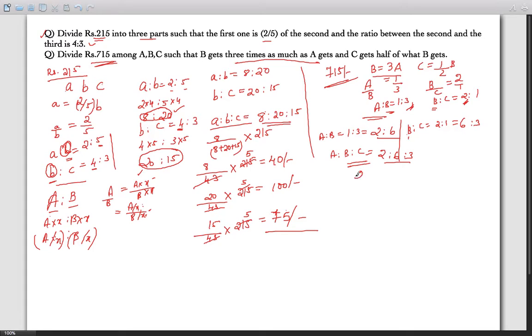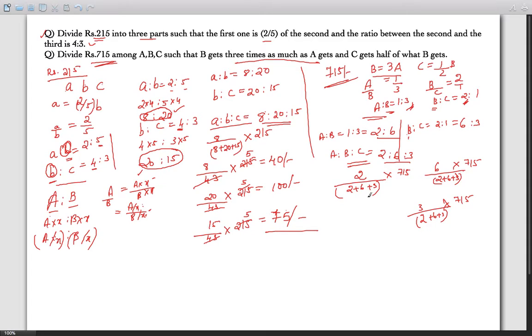The value of the first part will be 2 by 2 plus 6 plus 3 into 715. The second part will be 6 by 2 plus 6 plus 3 into 715. And the third part will be 3 by 2 plus 6 plus 3 into 715.